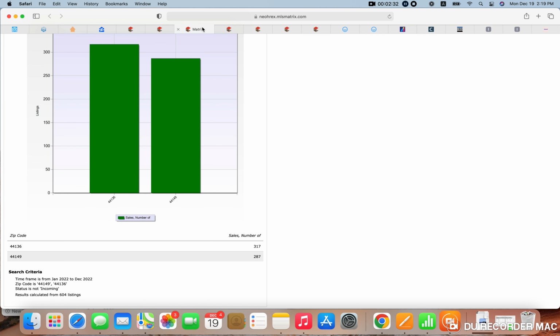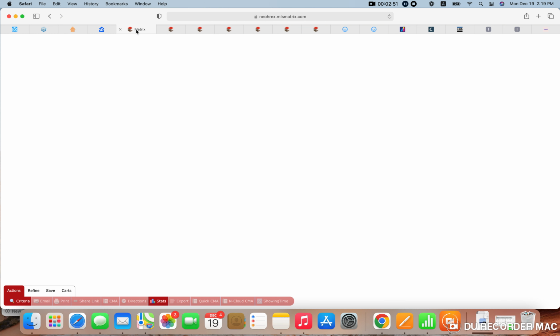But as I go to the amount of sales, so the number of houses that have sold in each zip code, you can actually see that the east side of Strongsville, 44136, does have 30 more sales this year than the west side. So at first, when I was looking at that, I was like, okay, well, that sort of makes sense.